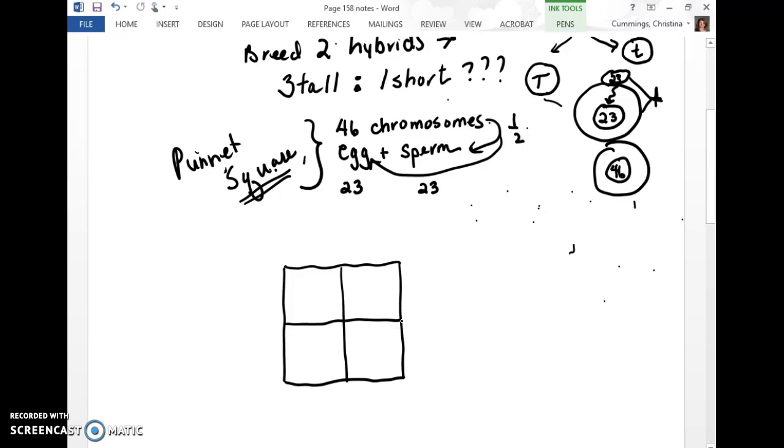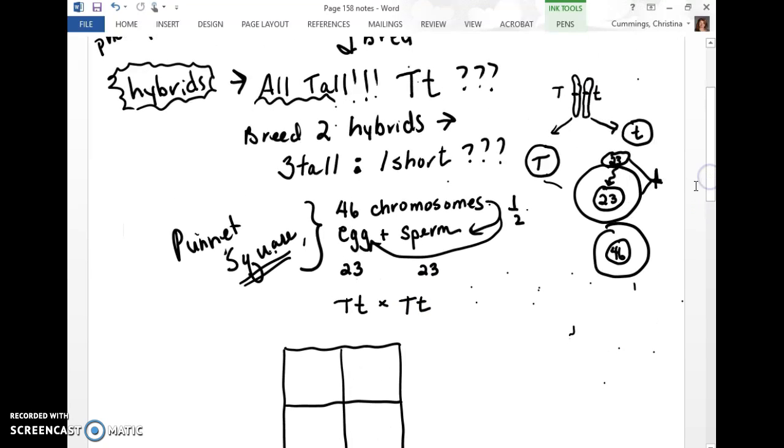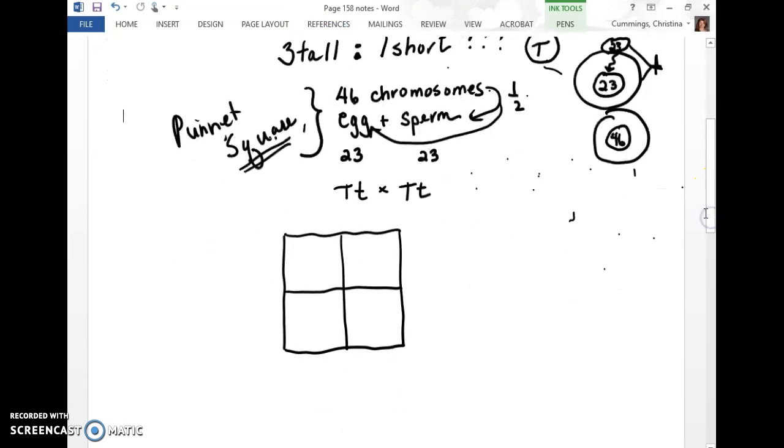Let's say we are going to breed together the two hybrids that we just talked about. We're going to do what Mendel did. He took his two sets of pure plants, bred them together, and got a bunch of hybrids. They were all tall. And then he took those and bred those together. When you do a Punnett square, you draw what looks like a window pane like this.